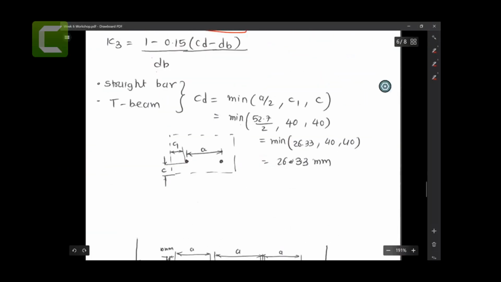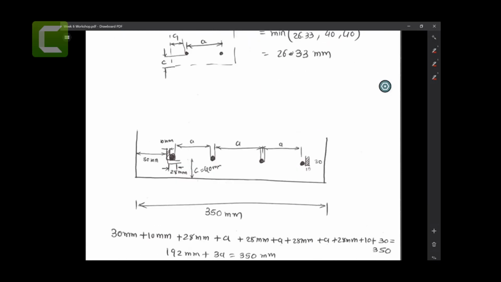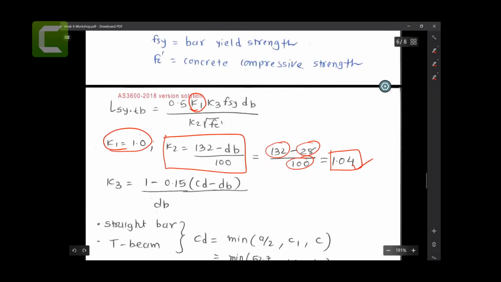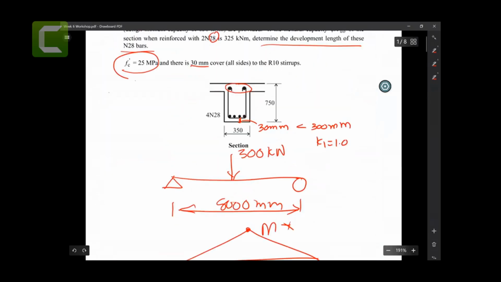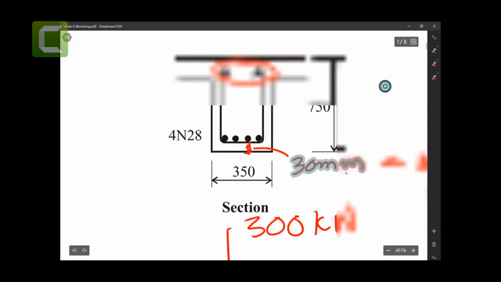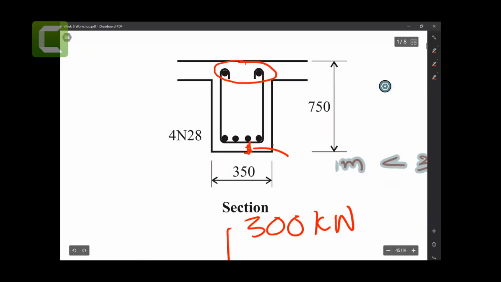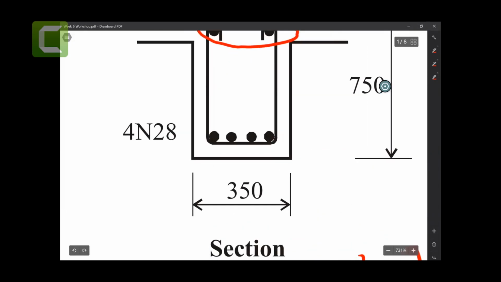So let's say you have 350. How do I figure it out? Where does 350 come from? I basically work from here. You have 350 here. From here I know this is 30, then this is 10, this is 28, this is A. So 28, A, 28, A, 28, 10, 30.